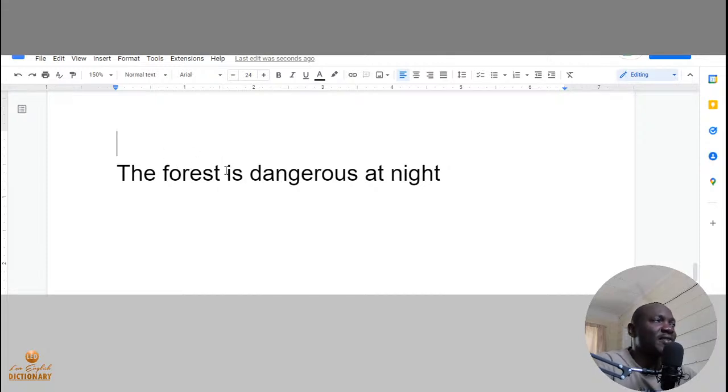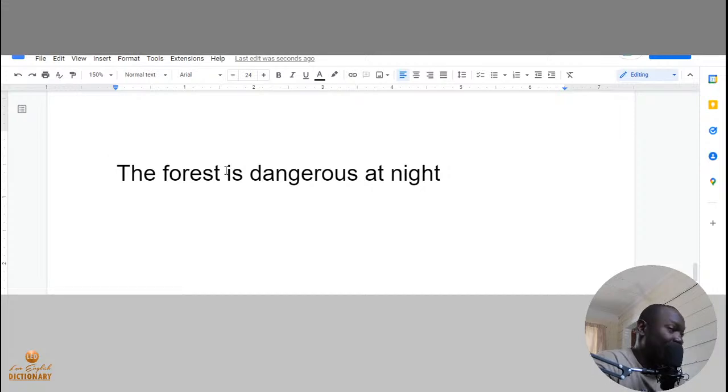Now, what is forest, first of all? Forest, I've forgotten. And what is forest in Luo? Bungu is a shrub. And dangerous in Luo? Dangerous, I'm only used to saying Atari.